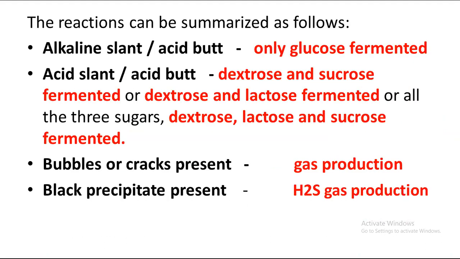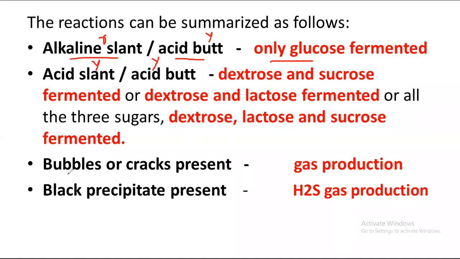If we summarize our entire chemical reactions, if we are having an alkaline slant and acid butt, if the slant is red in color and the butt is yellow in color, this means that only glucose is fermented. And if we are having an acid slant, yellow in color, and also an acid butt, this means that dextrose and sucrose, or dextrose and lactose, or even dextrose, lactose and sucrose is fermented.